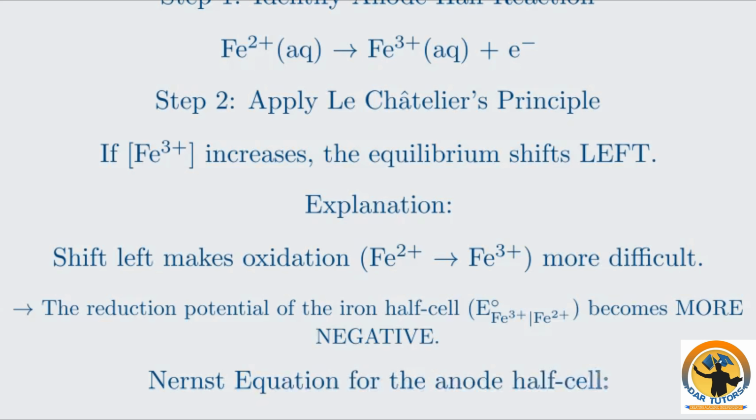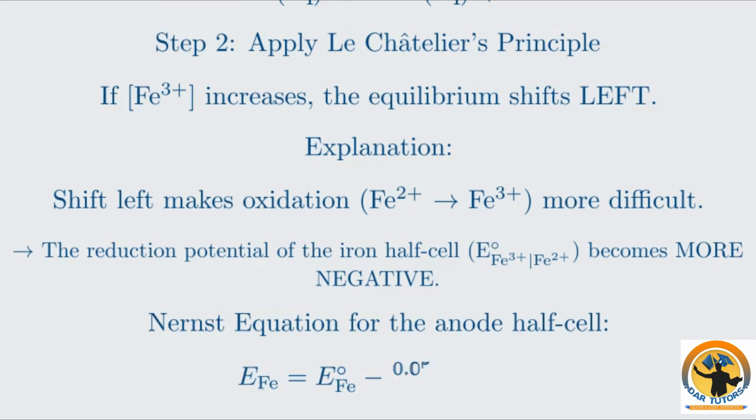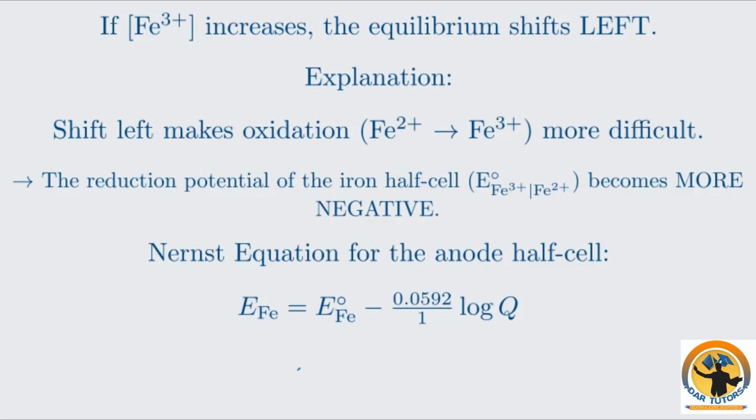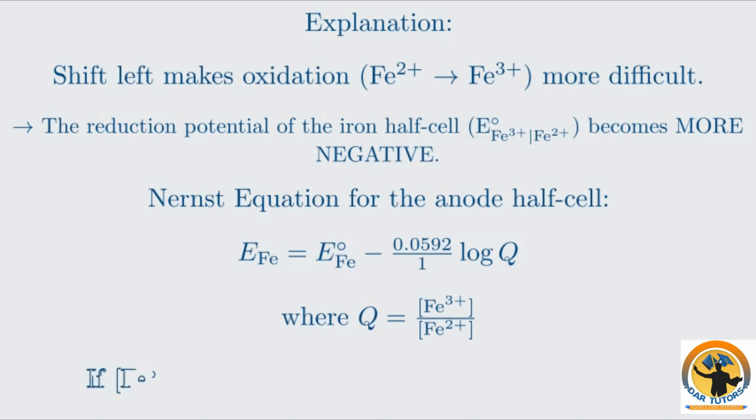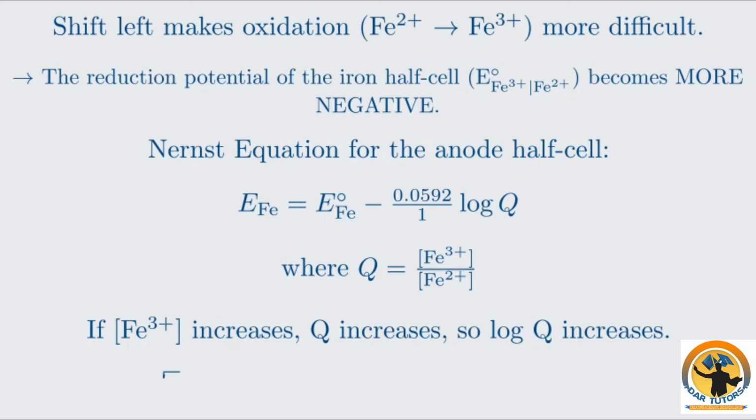To be more precise, the Nernst equation for the iron half cell is shown. The reaction quotient Q is the concentration of oxidized species, Fe3+, divided by the concentration of reduced species, Fe2+. If we increase Fe3+, Q becomes larger, so the term 0.0592 times log Q becomes more positive.